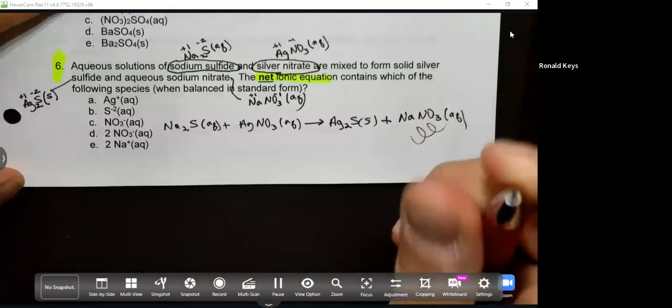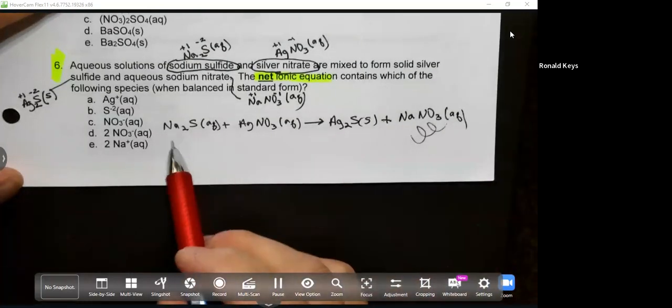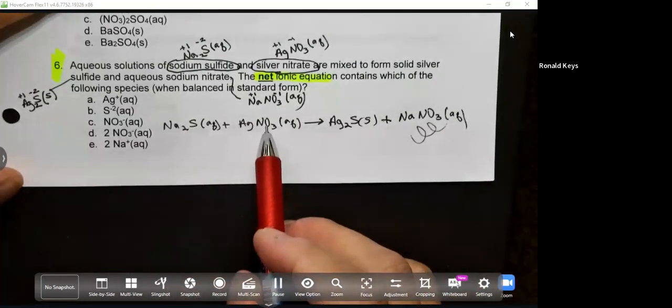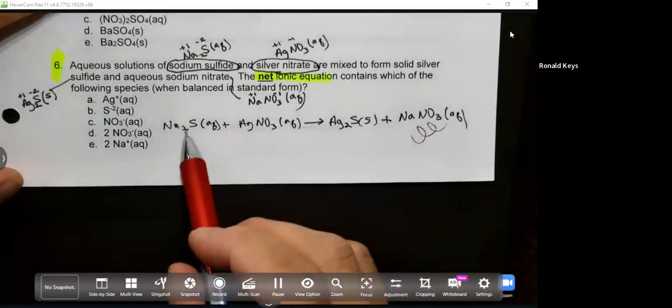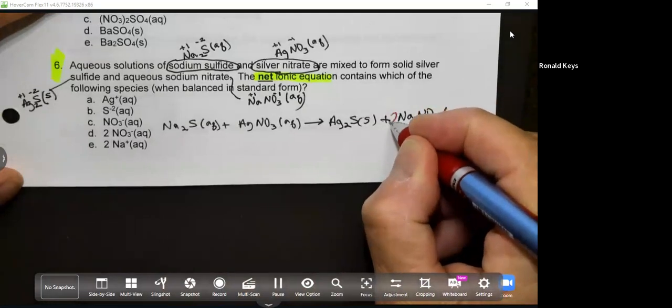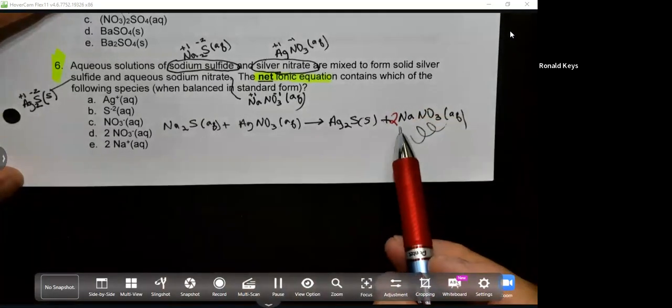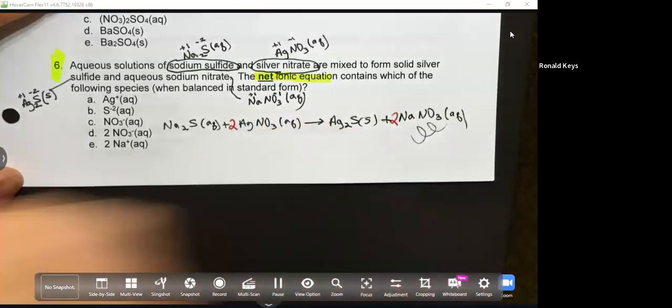Then we'd want to balance this. We'd start with a nitrate, and nitrate on both sides looks good. We've got 2 sodiums here, 1 sodium here. We need to put a 2 here. Now that just changed my nitrate, so I would put a 2 there.